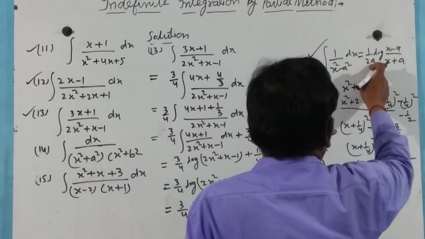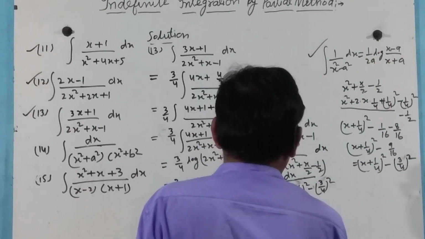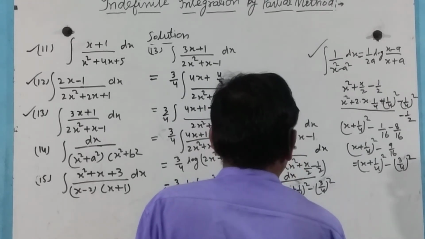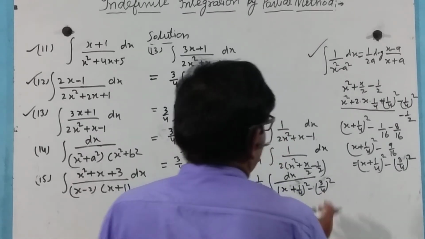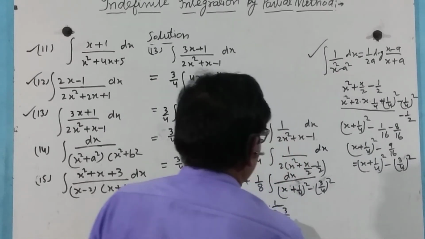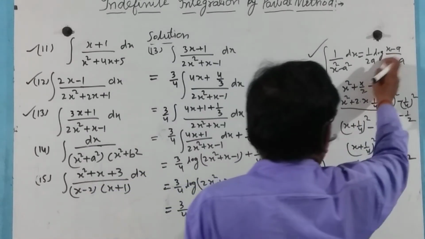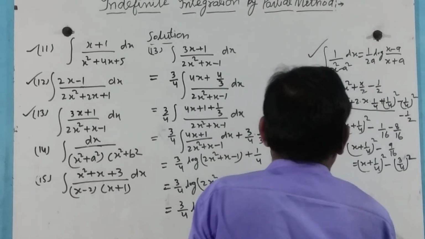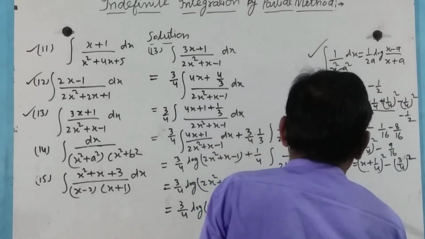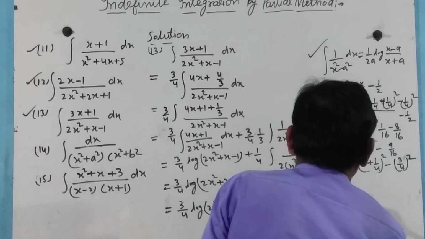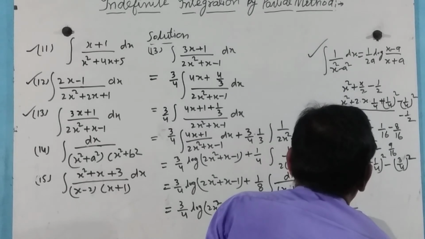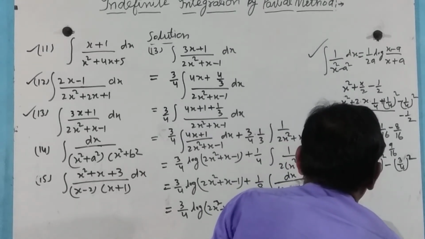So 1 by 2a, and log of x minus a, that is x plus 1 by 4 minus 3 by 4, divided by x plus a, that is x plus 1 by 4 plus 3 by 4.